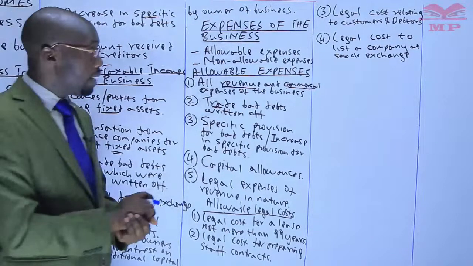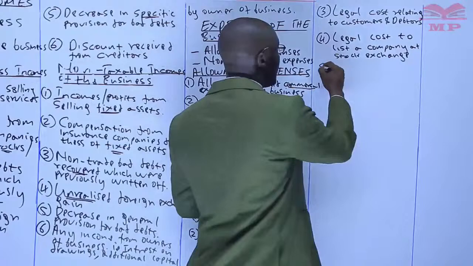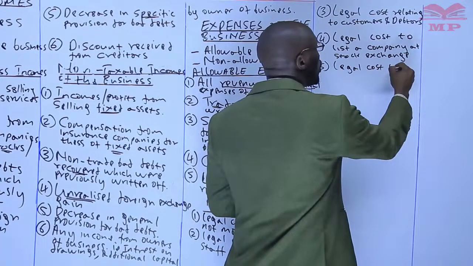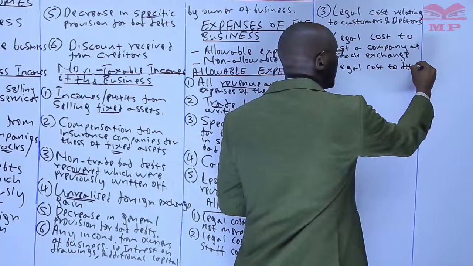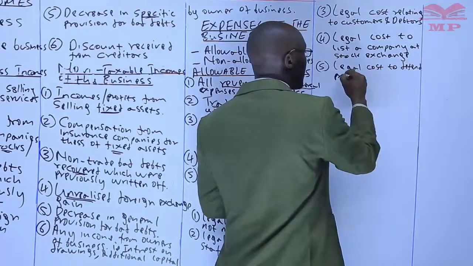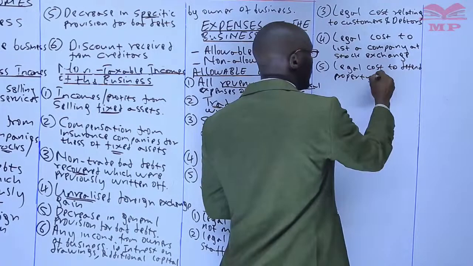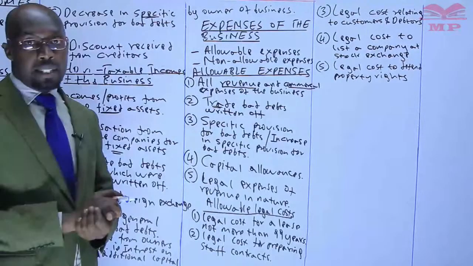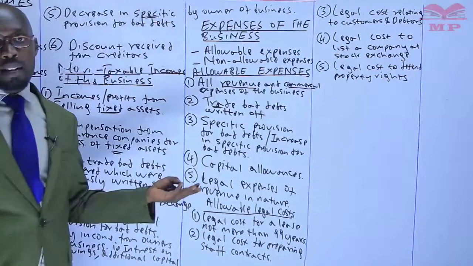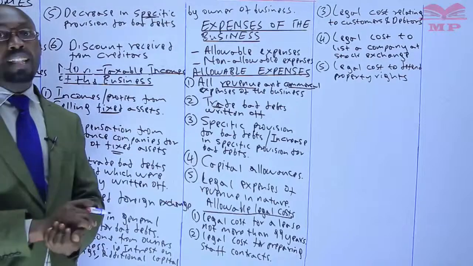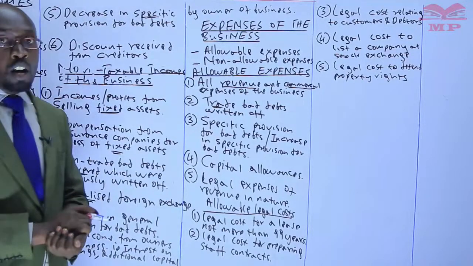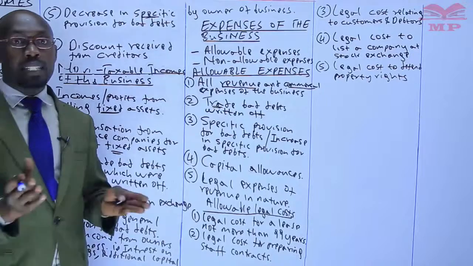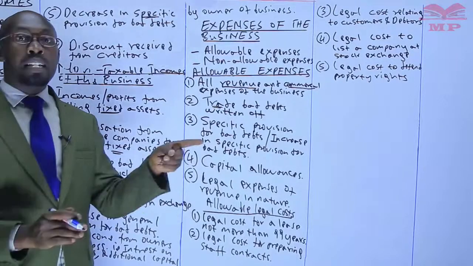Number 5, legal costs to defend property rights. It means you have, for example, land somewhere. You own that land. Or you could be owning a motor vehicle. Somebody from outside just comes and says, this land used to be mine.